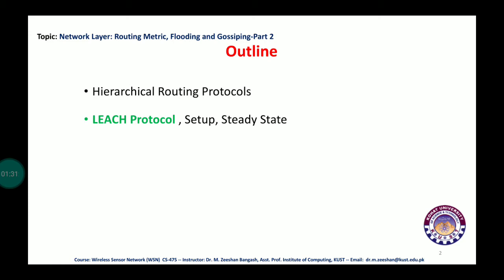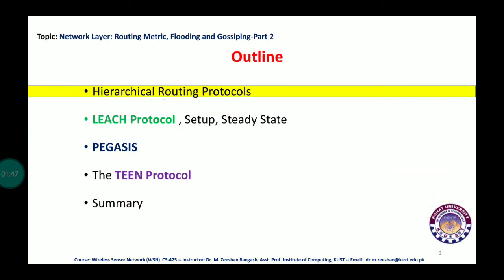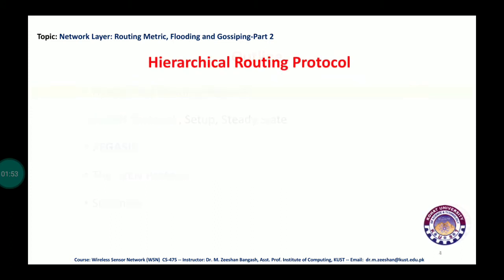We'll be discussing some setup related issues and then the state management issues. Then another important protocol, that is PEGASIS. We'll be discussing that, and then the TEEN protocol, and at the end we will summarize our today's discussion. So let's move and complete our discussion related to the hierarchical routing protocol.